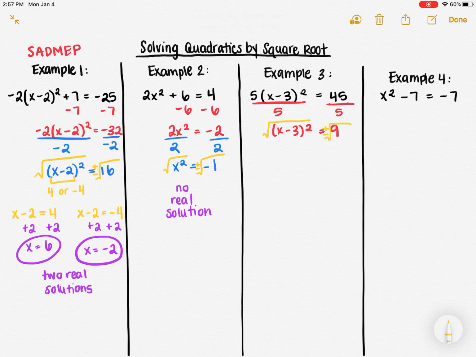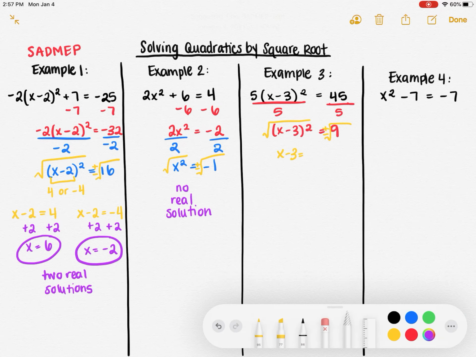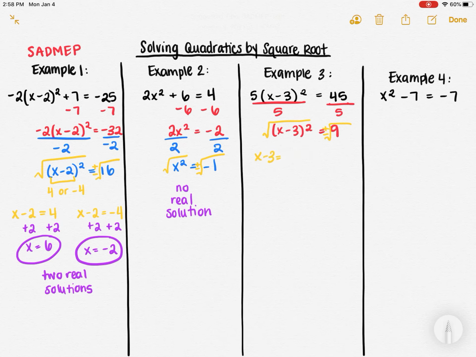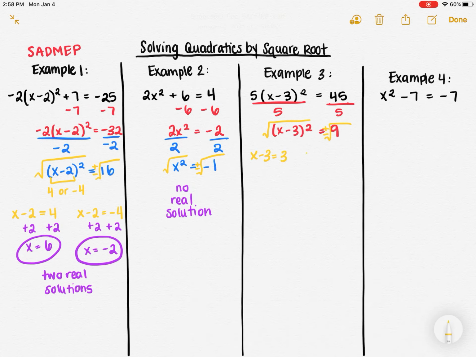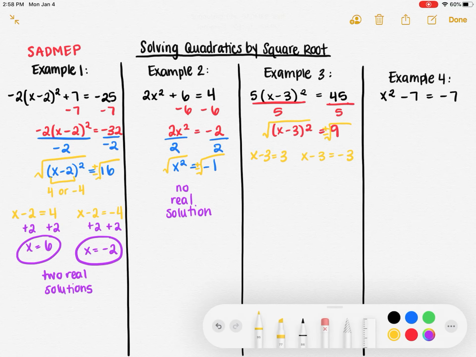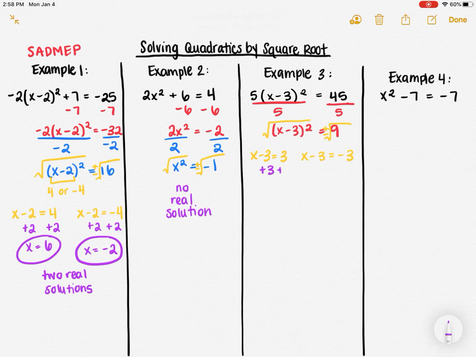When I take the square root, I'm left with x minus 3 on the left, but then on the right, I have two possibilities: either the positive square root of 9 or the negative square root of 9, and square root of 9 is 3, so that means x minus 3 could be positive 3, or x minus 3 could be negative 3. I have to solve for both options. And then my last step is just to add 3 in both equations, so I get x equals 6 and x equals 0. Those are my two real solutions.